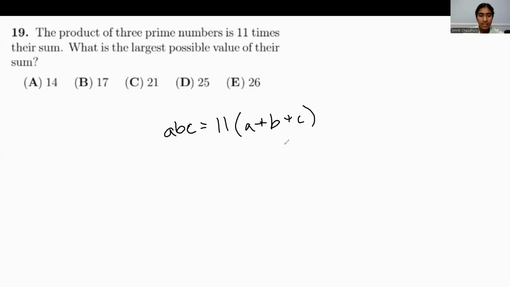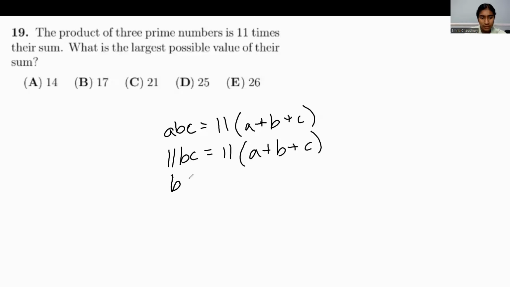So since A, B, and C are prime numbers, and over here we're saying that A times B times C is divisible by 11, that means that one of them has to be 11. So let's call A 11. That would mean 11BC equals 11 times A plus B plus C. And we could simplify this by dividing both sides by 11.